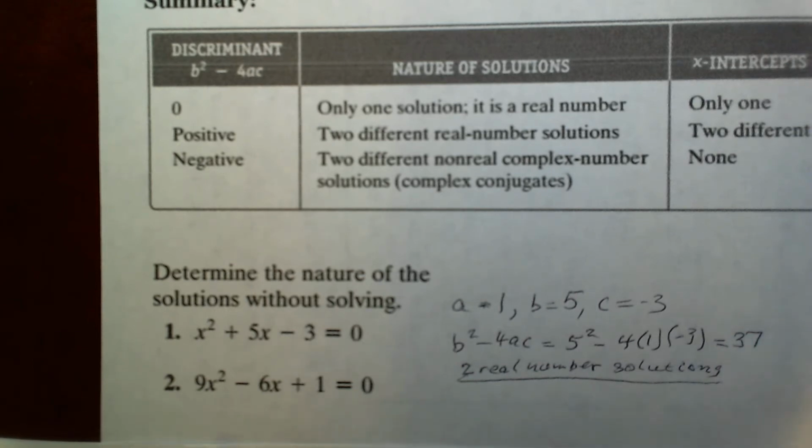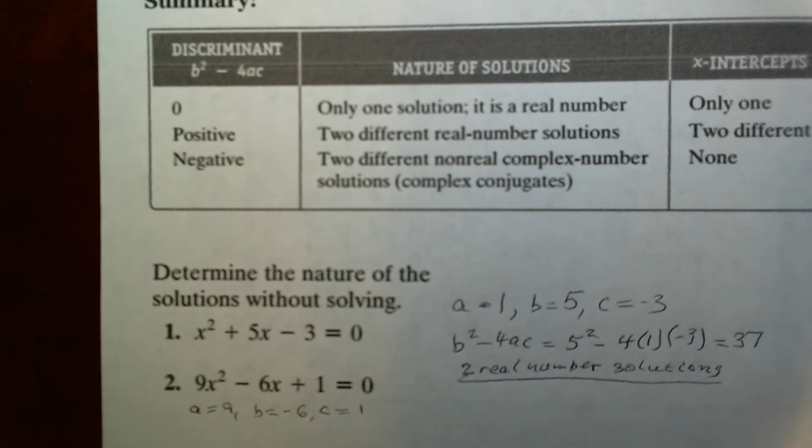In example 2, again, we identify a, b, and c. Here we have a equal to 9, b equal to minus 6, and c equal to 1.